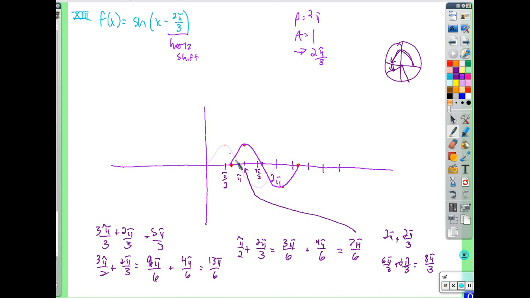You don't have to graph this thing and then move every point over, but you know where your key points are given what your period is. So you know that you got key points at 0, pi over 2, pi, 3 pi over 2, and 2 pi. So you add 2 pi over 3 to all of those, and those are your new key points. Amplitude is still 1. 1 and negative 1, and we're done.